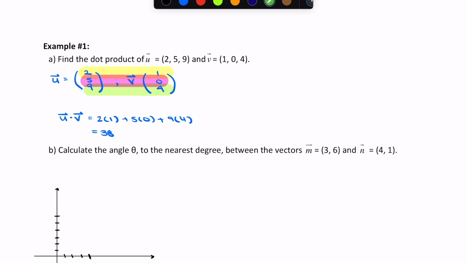And so here we see that this is our vector n for 4, 1, starting again from the origin.